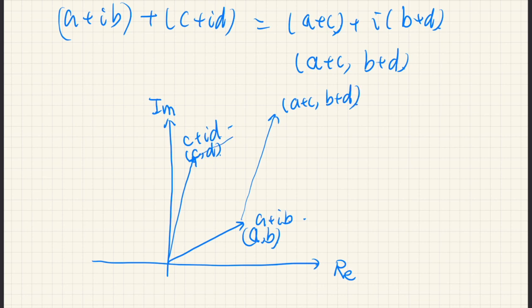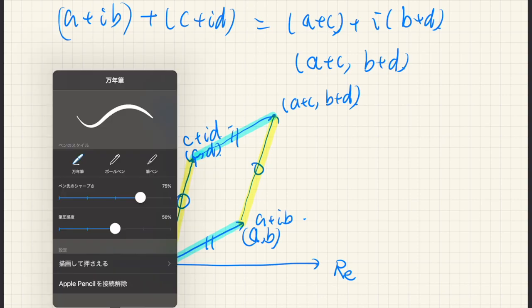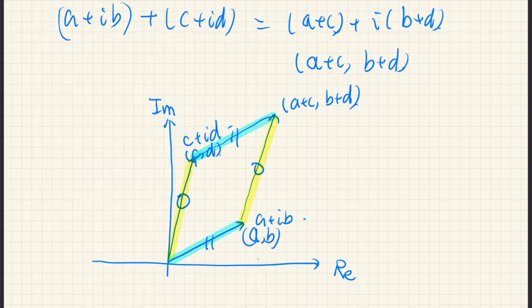That means we have this parallelogram. This length and this length are the same, and this length and this length are the same. And of course, this edge and this edge are parallel to each other, and also this edge and this edge are parallel to each other.